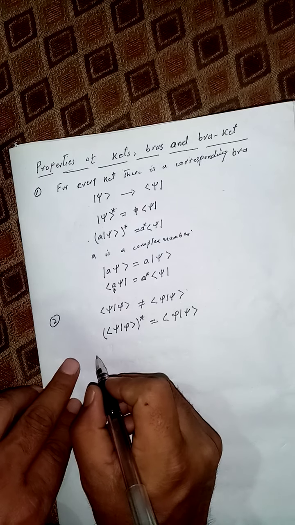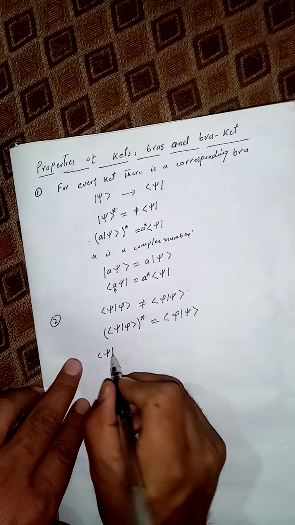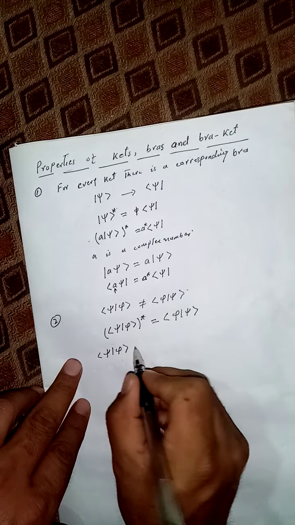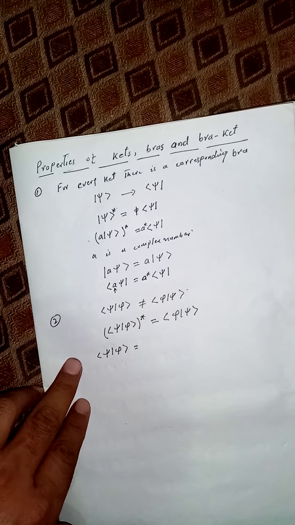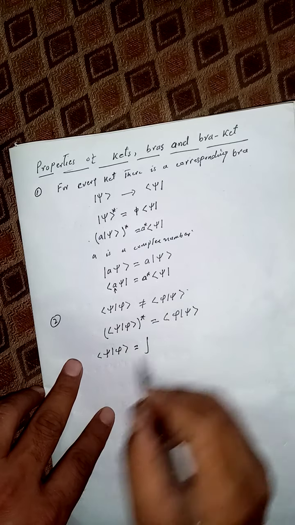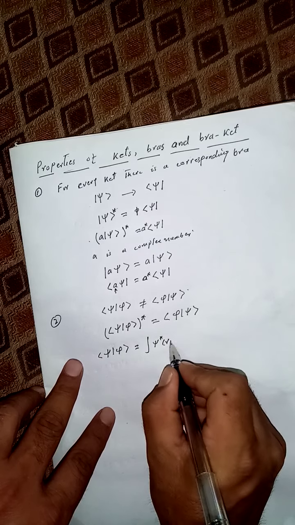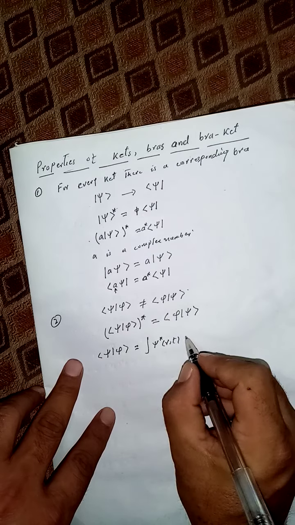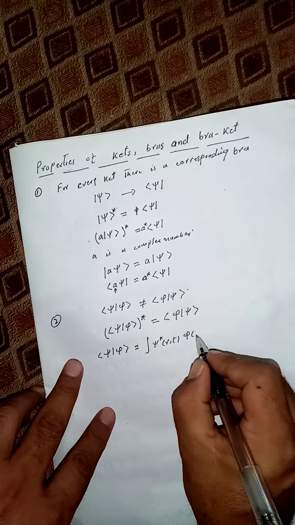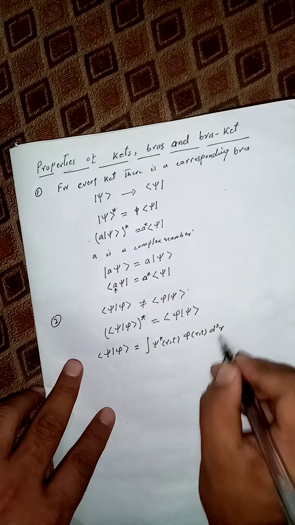As we know, the scalar product of psi with phi in coordinate representation can be written as the integral of psi star, which is a function of both position and time, phi, which is a function of both position and time, and d cube r.